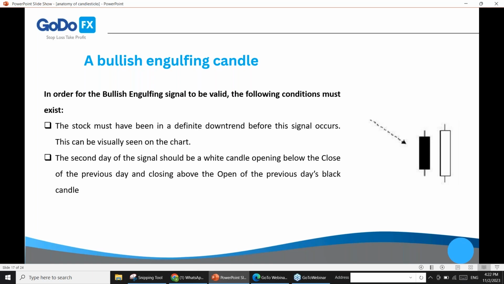First, the stock must have been in a definite downtrend before the signal occurs. This can be visually seen on the chart. And the second day of the signal should be a white candle opening below the close of the previous day and closing above the open of the previous day's black candle.